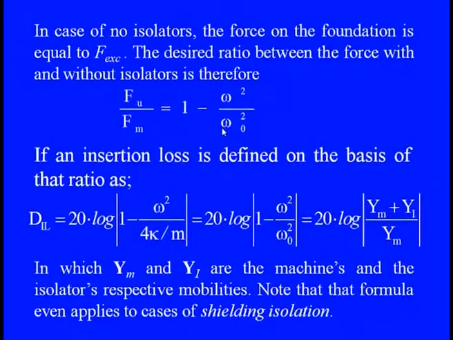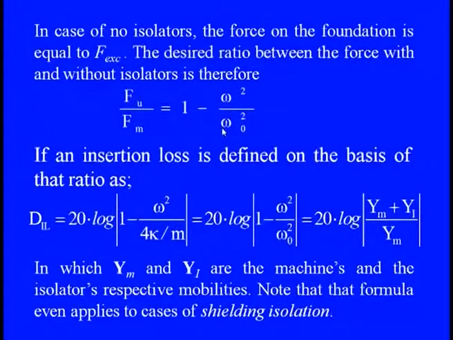And we can even define the insertion loss on the basis of this formula, as we discussed in the previous chapter. The insertion loss is equal to 20 log of 1 minus omega square by omega 0 square, where omega 0 is the natural frequency. Or we can go with the mobilities, because if the isolator mobility is low relative to the machine, the isolation is perfect.